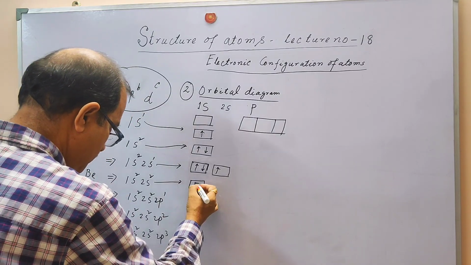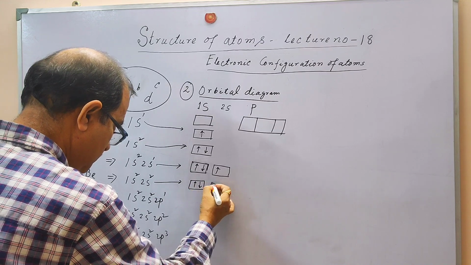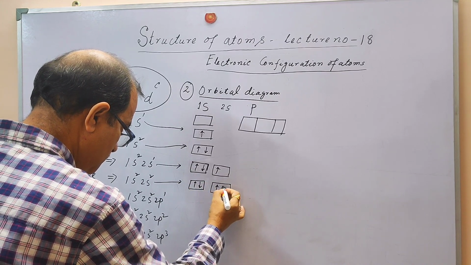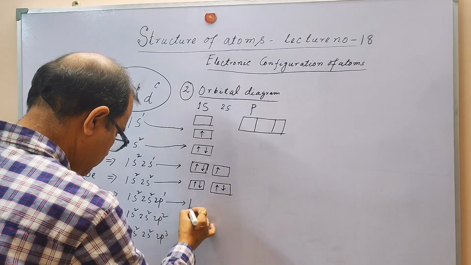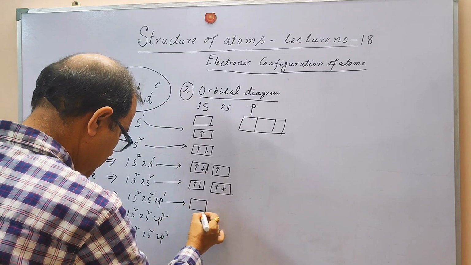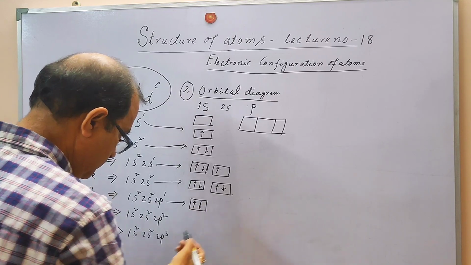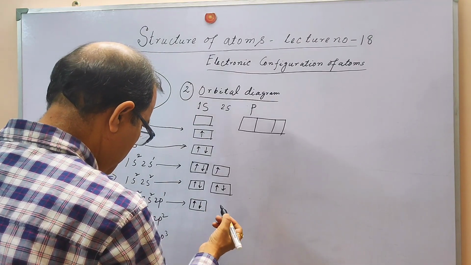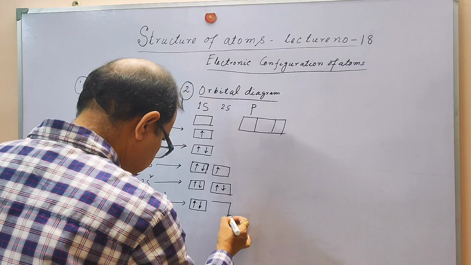In case of beryllium, it will be this. In case of boron, it will be this. So you can see the electrons have been put in different squares, which represent the orbitals in the subshell.